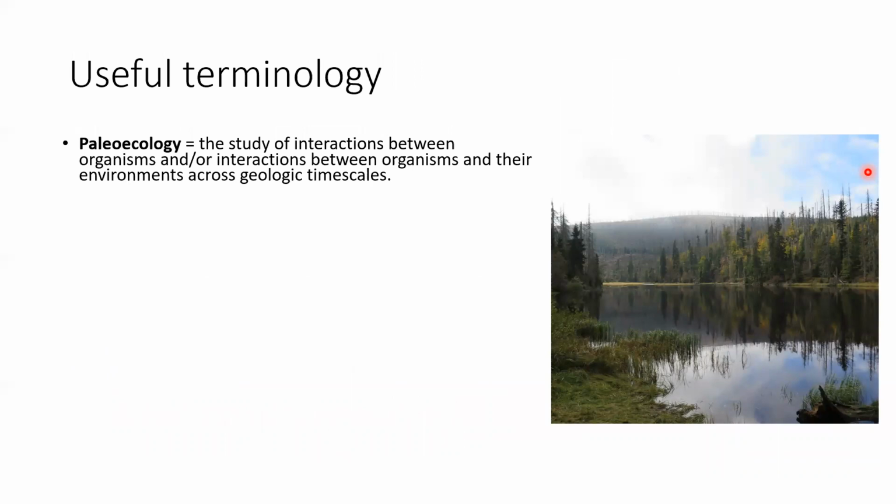Then some related terminology, because you might hear us during the course and during the different lectures talking about paleoecology, paleoclimatology, maybe paleolimnology, and so on. So just to give you some idea what these terms might mean. When we talk about paleoecology, it means that we are looking into the interactions between organisms and their environments.